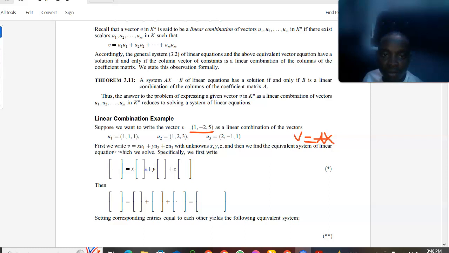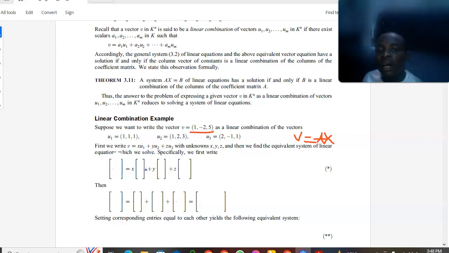These are the three subvectors of this vector space, and we are expected to write v as a linear combination. Since this is three-dimensional, we are going to have three terms, the sum of a variable multiplying each of these vectors.